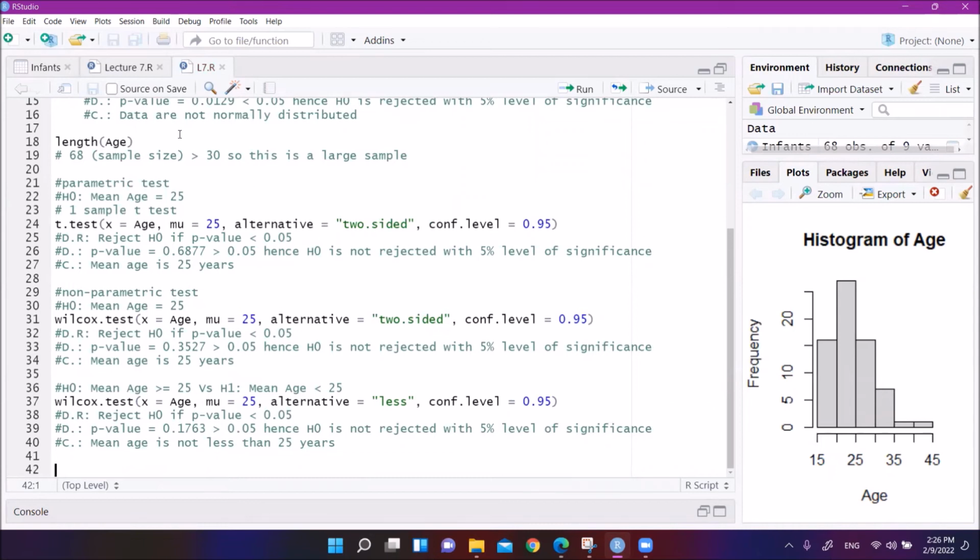So let's try a 2 sample case. If y'all remember, when you do the 2 sample case, we are doing the independent sample case now, right? You have to check whether the 2 samples are normally distributed.